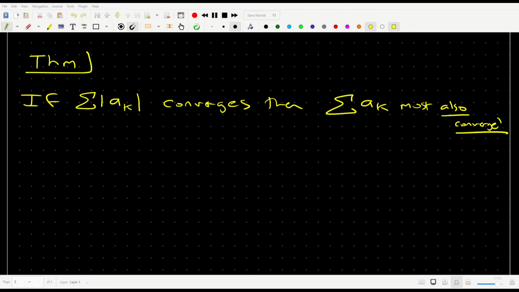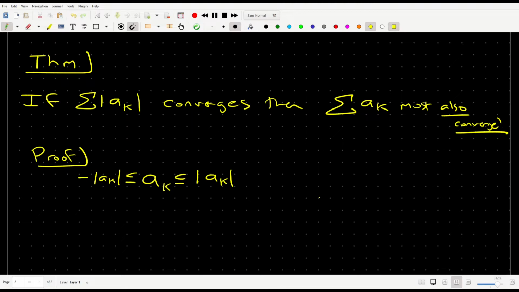And I'll write a proof sketch here just to go through and show you how to see this. You know that a_k is always going to be bounded above and below by positive 1 times the absolute value of a_k, and negative 1 times the absolute value of a_k.